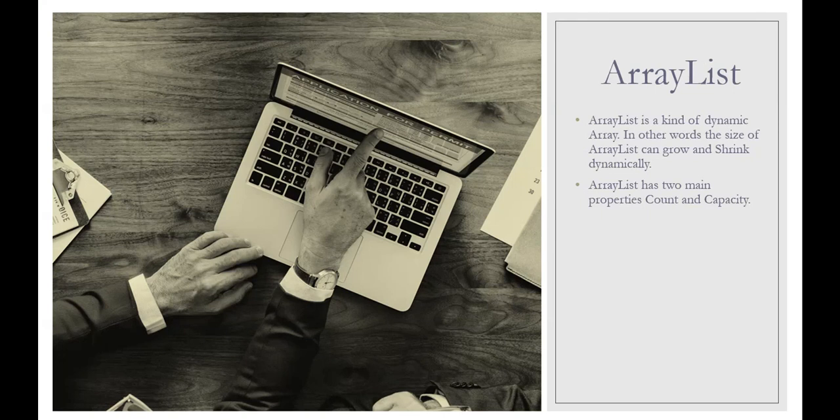The moment you insert an element in array list, by default capacity is 4. And as usual, count represents the total number of elements in your array list. If your count is 4, then capacity will also be 4. The moment you insert the fifth element, the capacity will be doubled. It will be 8, which we saw already.